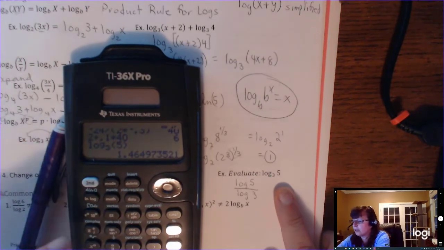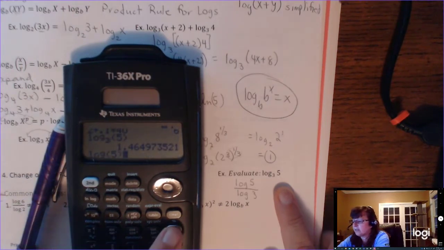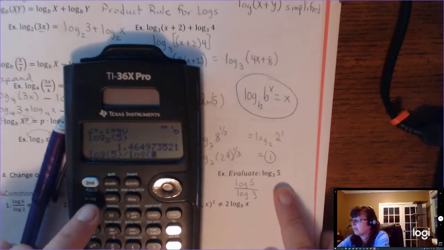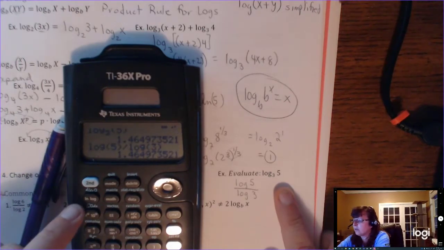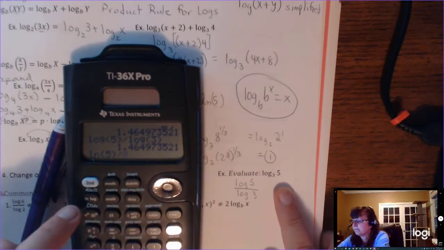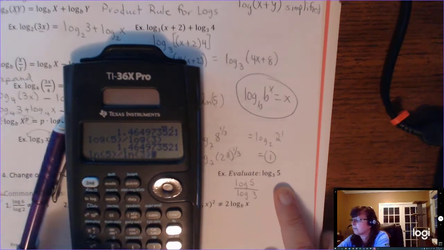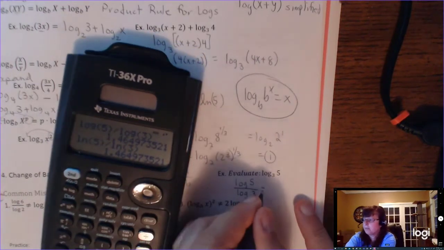Or you can use the change of base rule. Log of 5 divided by log of 3 comes out to be the same thing. Or you can use the change of base rule with natural logs. Comes out to be the same thing. And we usually round to about 4 decimal places.